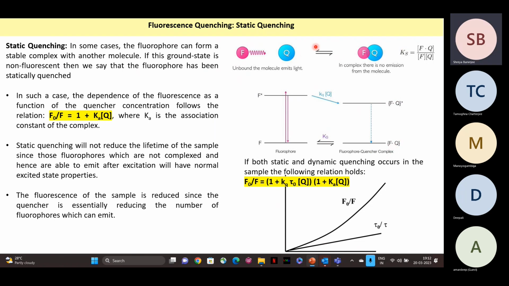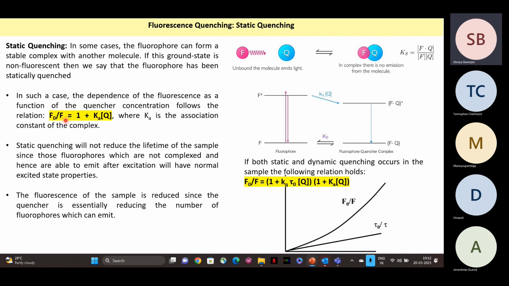So there is an equilibrium between the association of the fluorophore with the quencher. And in this case, the Stern-Volmer equation becomes F0 by F, where F0 is the fluorescence intensity in absence of the quencher and F is the intensity in presence of the quencher.